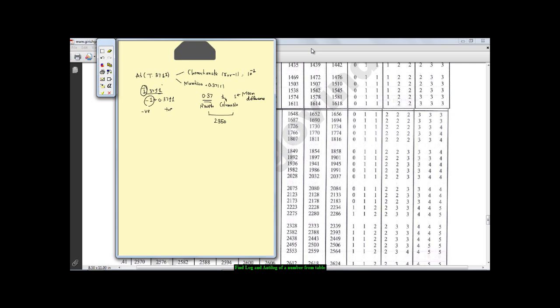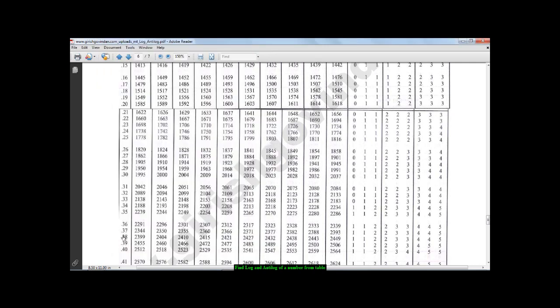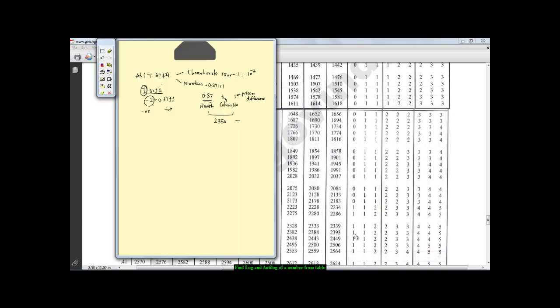Okay, so this value we will get as 2350, right? 0.37 and column number 1, and mean difference for column number 1 is 1, so the value is 1 plus 1, that is equal to 2351.